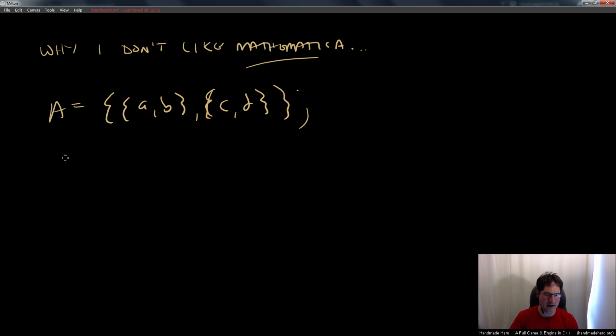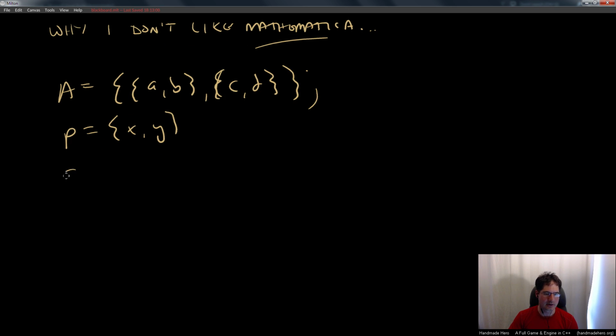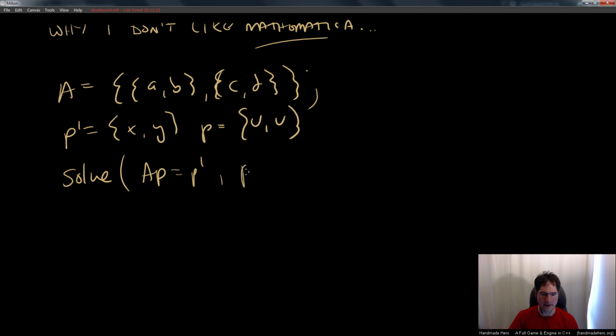And then I say I've got my P, which is X, Y, or something like that, and then I type solve. I don't remember their syntax for solve, but solve AP equals P prime or something. And I guess I have to put both of these in here. AP equals P prime, for P, right?